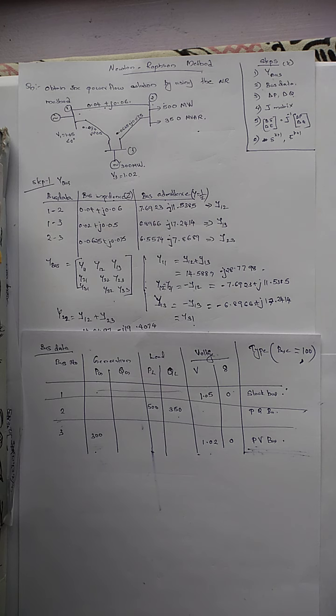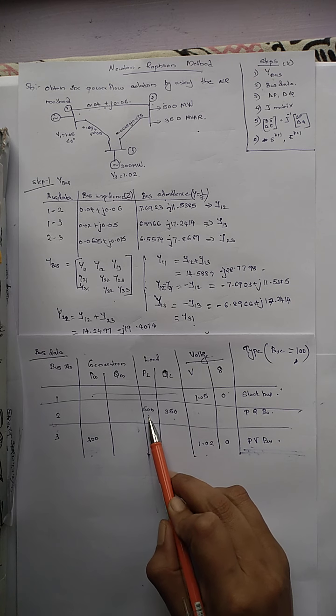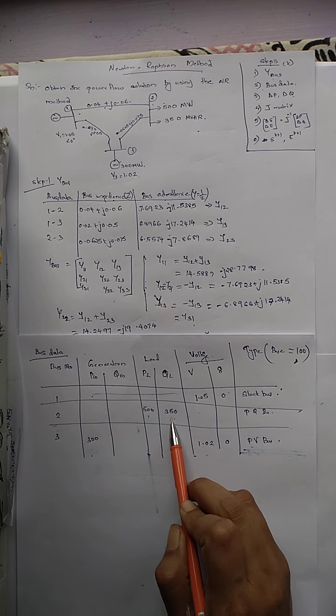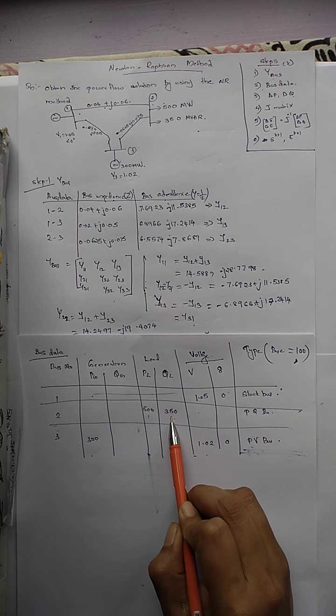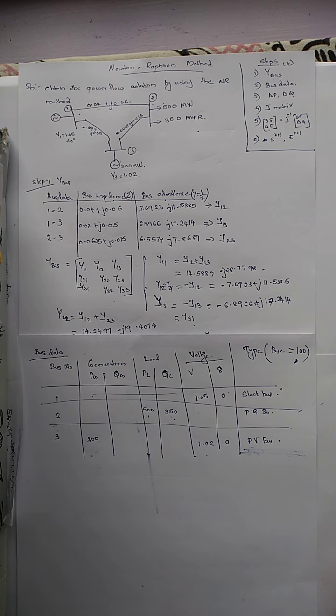So I have to divide my P values by 100. So this will be 5 per unit, this will be 3.5 per unit, this will be 3 per unit. Like that I can convert my bus data.